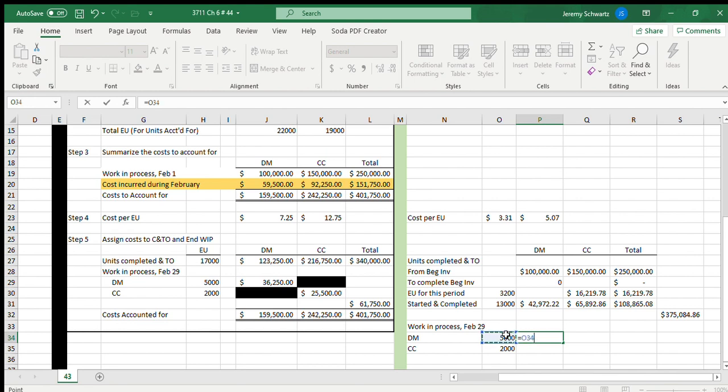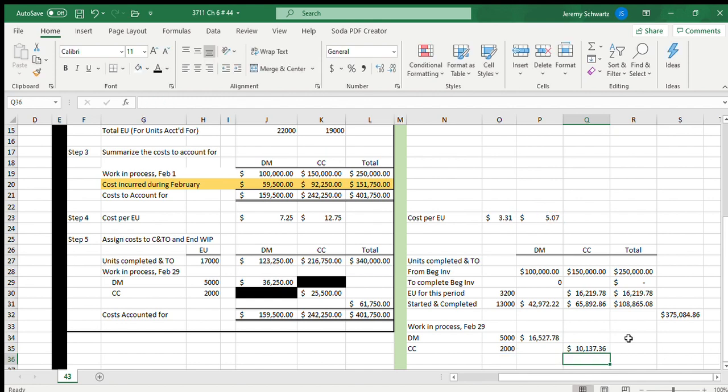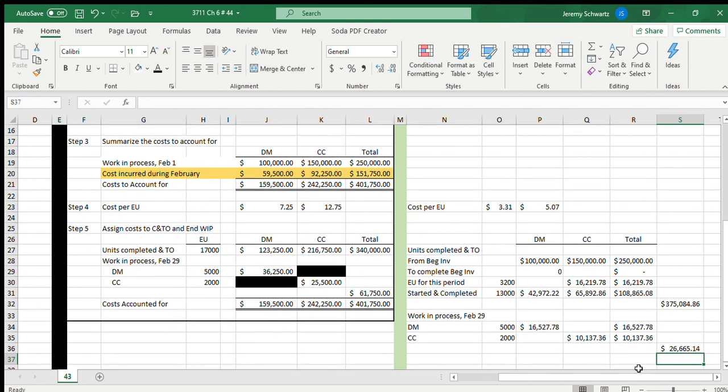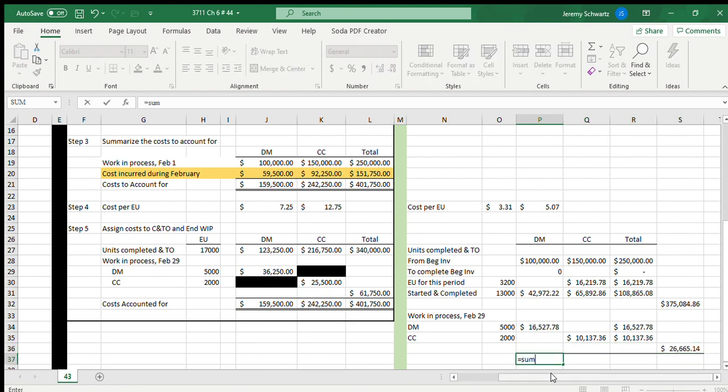So we take 5,000 multiplied by 331, and then we take 2,000 and multiply by 507, so that when we copy these formulas down and sum this, we will see that we have 26,665.14.